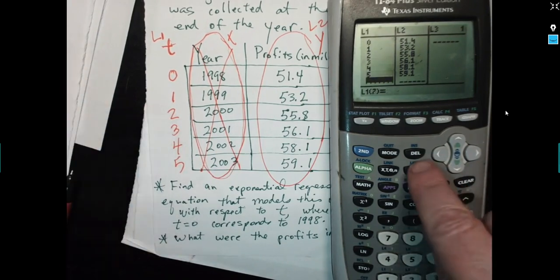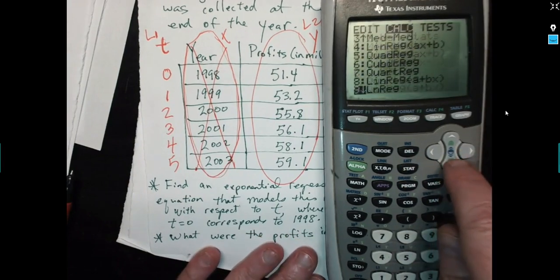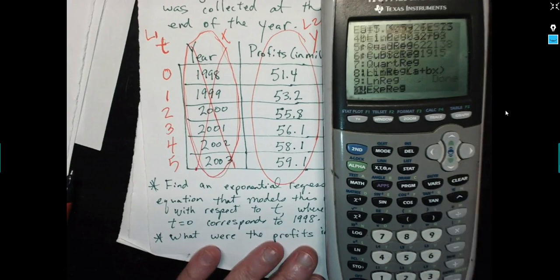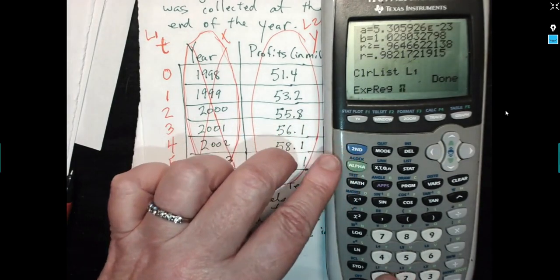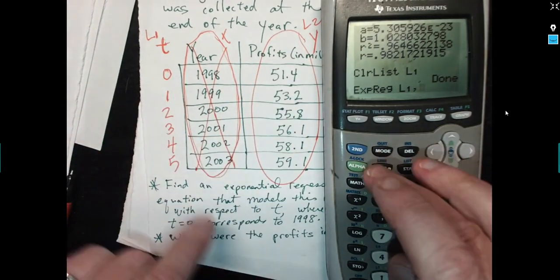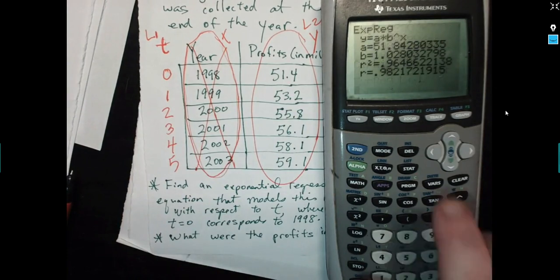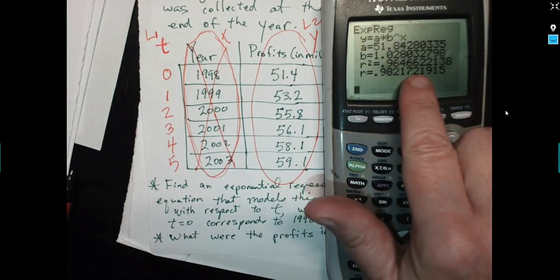Okay, now press stat, go to calc, and do exponential regression. And tell it list 1, which is now your t values, and list 2. And then enter. And now see how much better that is.